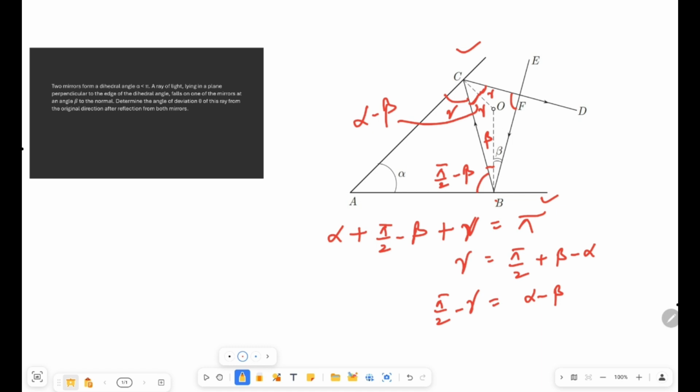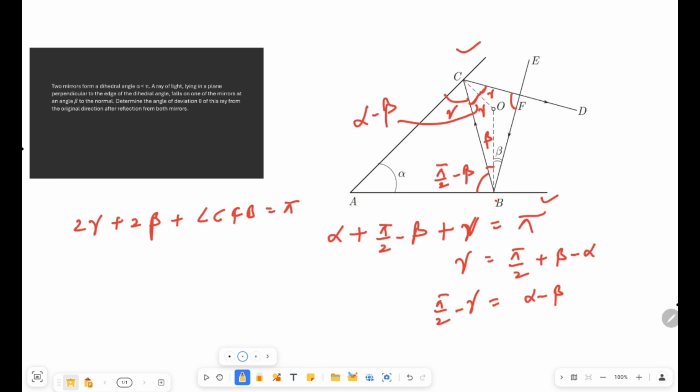That means 2 gamma plus 2 beta plus angle CFB is equal to pi, 180 degrees. Actually, this angle is not gamma.